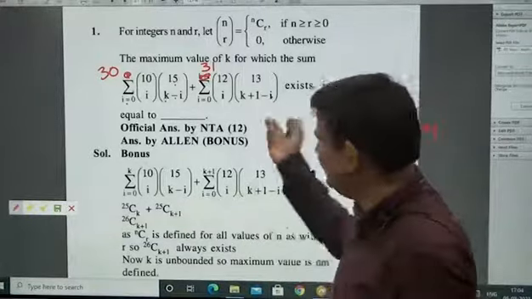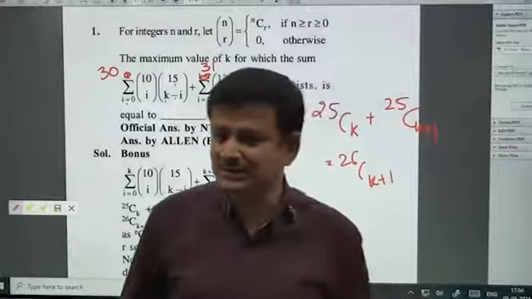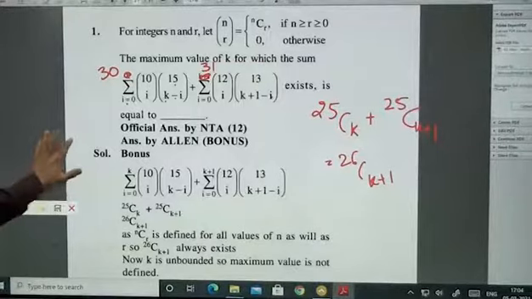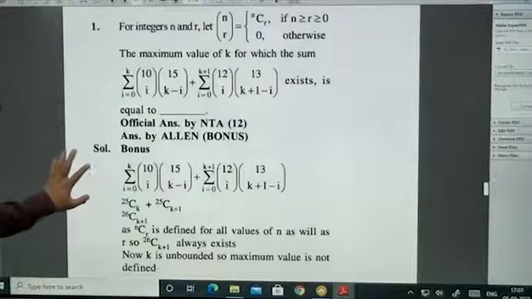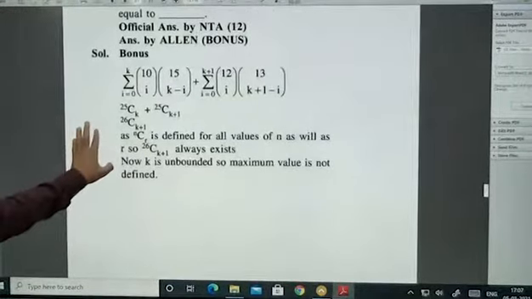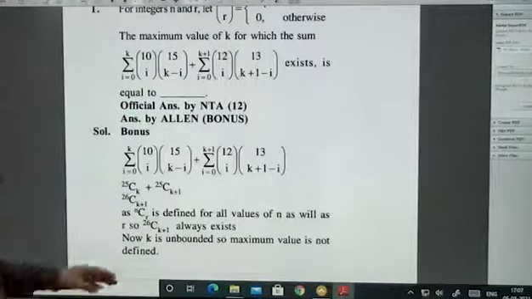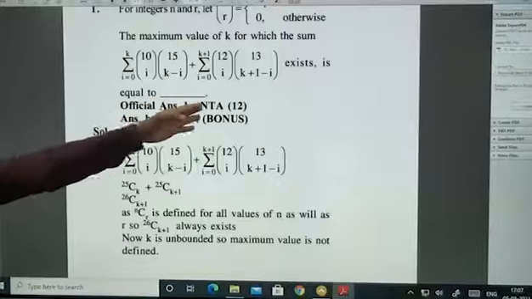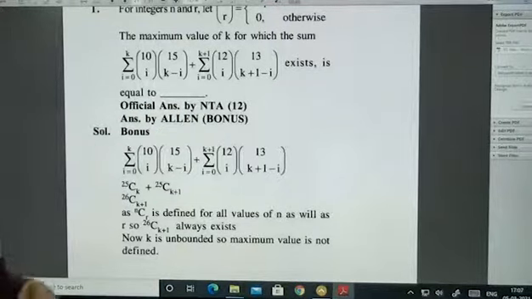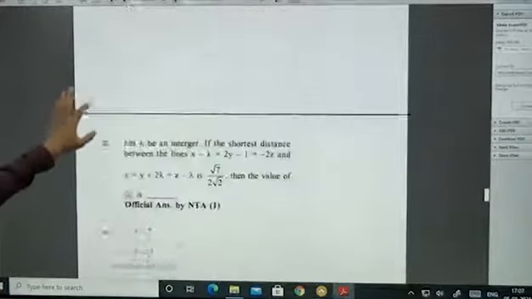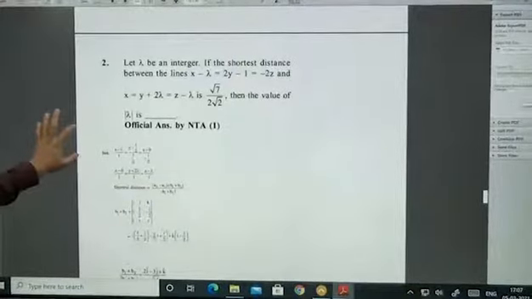So this will always exist. k can be any number. There is nothing called a maximum number. He is right. Had it been C, the question would have been different. But here, even if k is greater, he is giving 0. At least had he given a non-zero number, then we would have thought about it. But as it is, for existing, any k works.